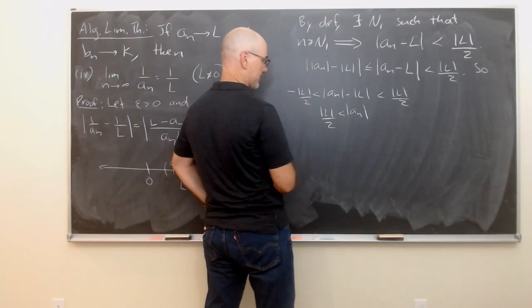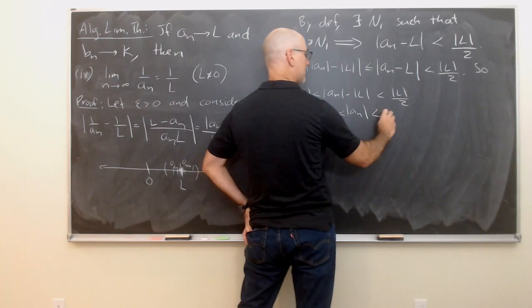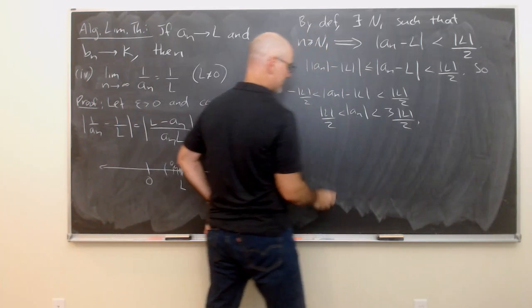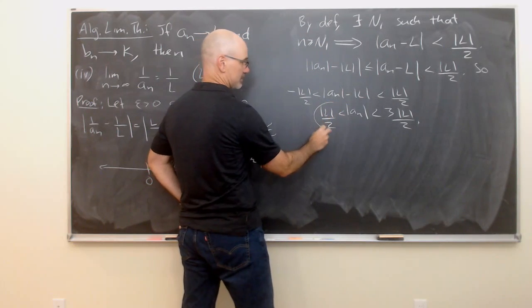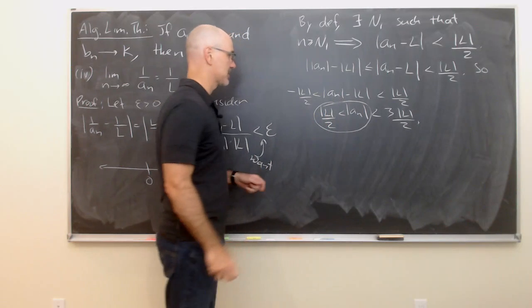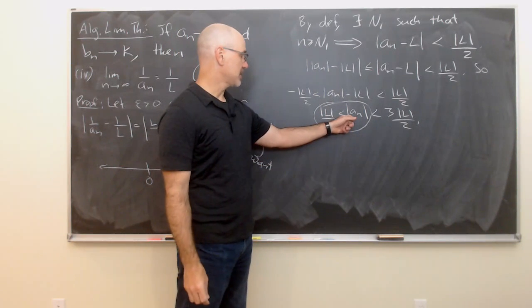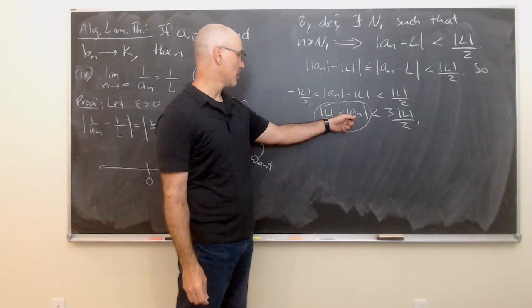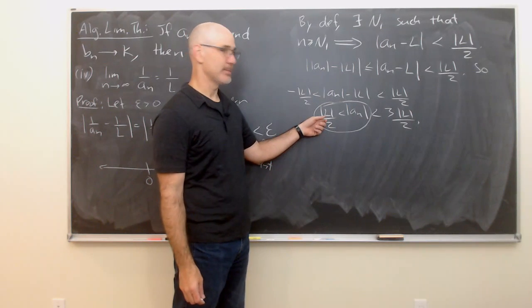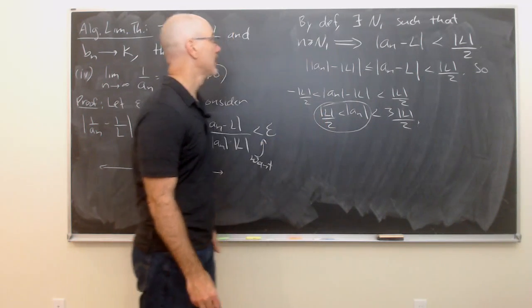And I get absolute value of L over 2 on the left and 3 absolute value of L over 2 on the right. But the left is the piece that's important. With this particular choice of epsilon, I have guaranteed that a sub n can get no closer to 0 than absolute value of L over 2. And that's going to let me finish off the proof as follows.